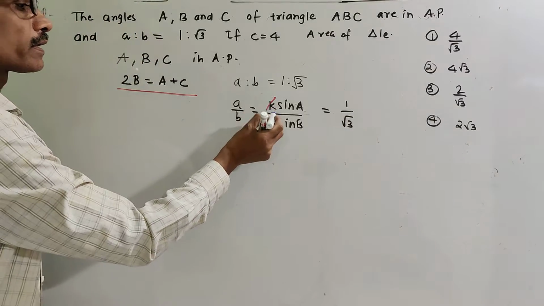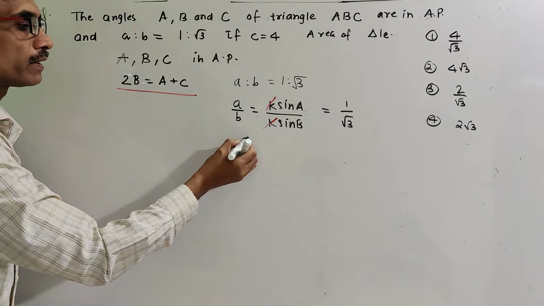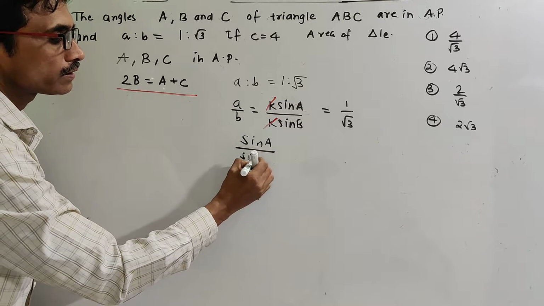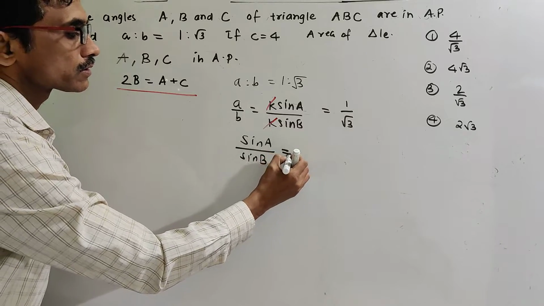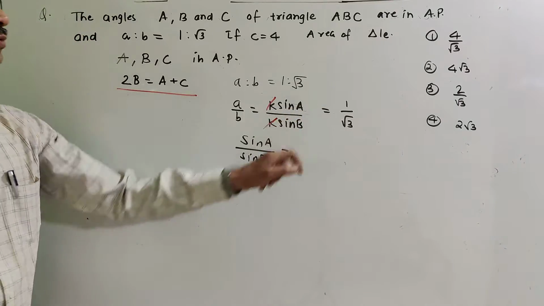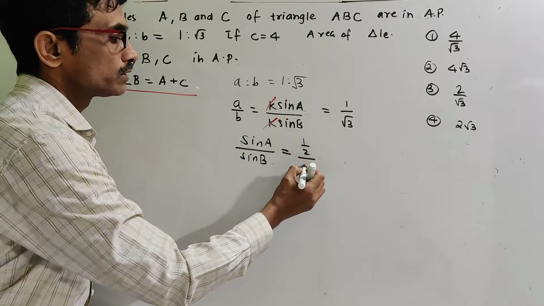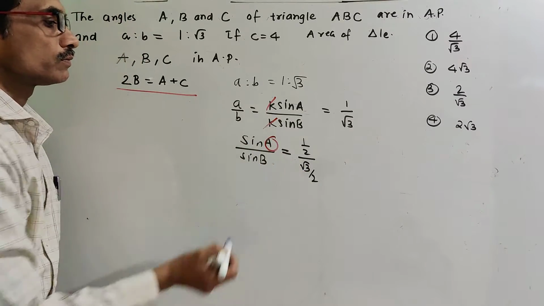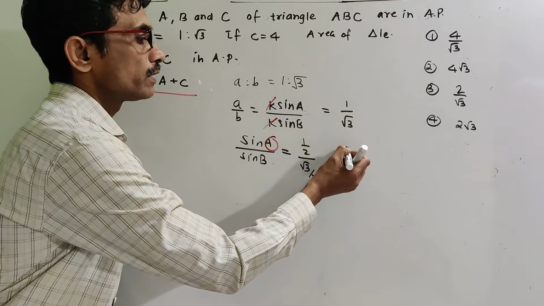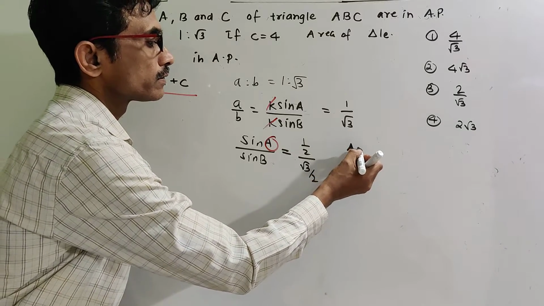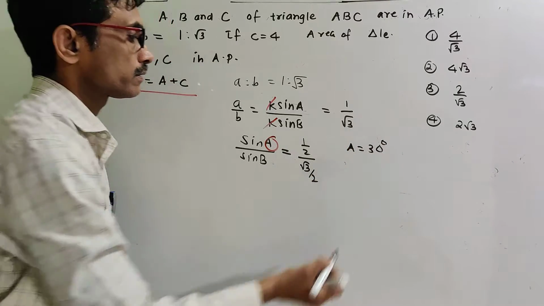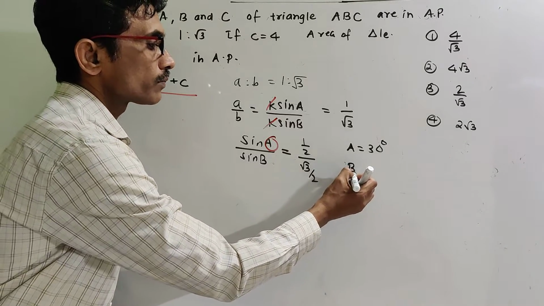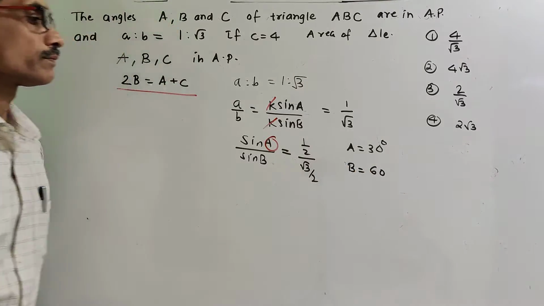This k gets cancelled and we get sin A upon sin B equal to, dividing by 2, 1 by 2 upon root 3 by 2. So clearly A must be equal to 30 degrees, sine of 30 degrees. A is 30 degrees and sine of B is root 3 by 2. That means B must be equal to 60 degrees.